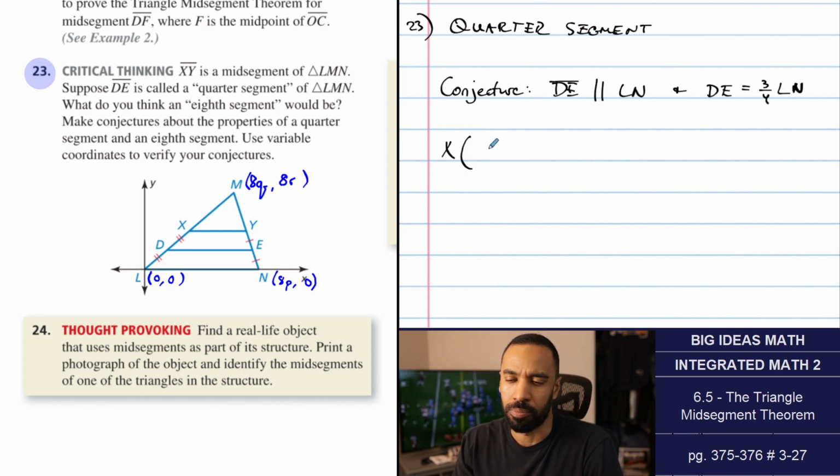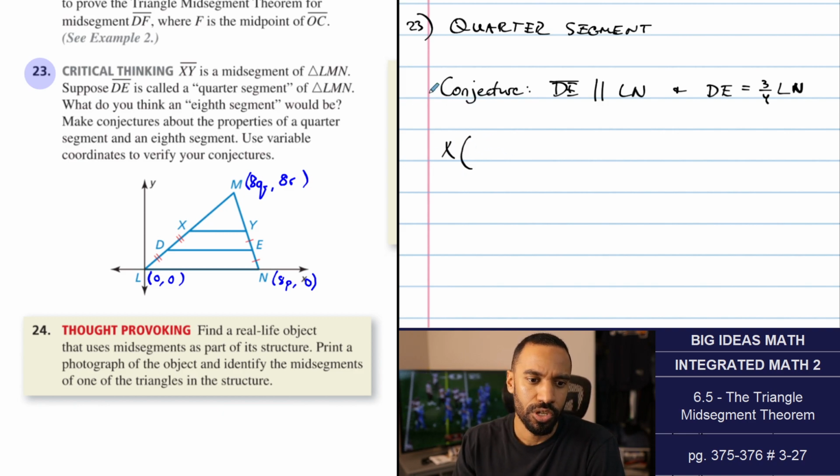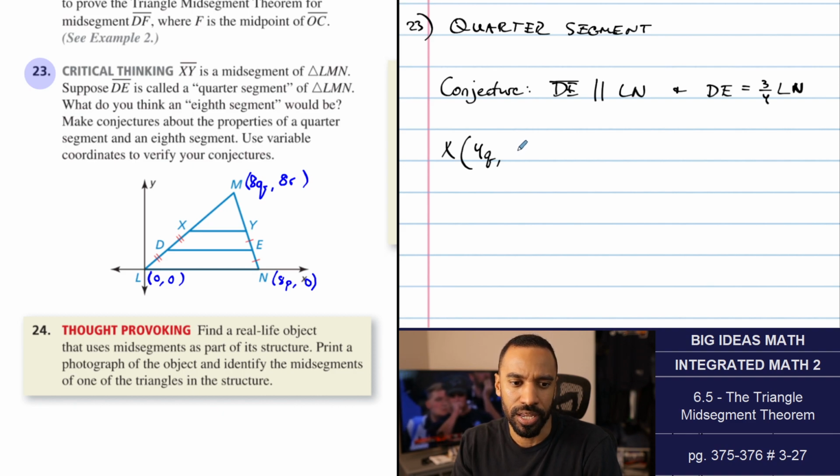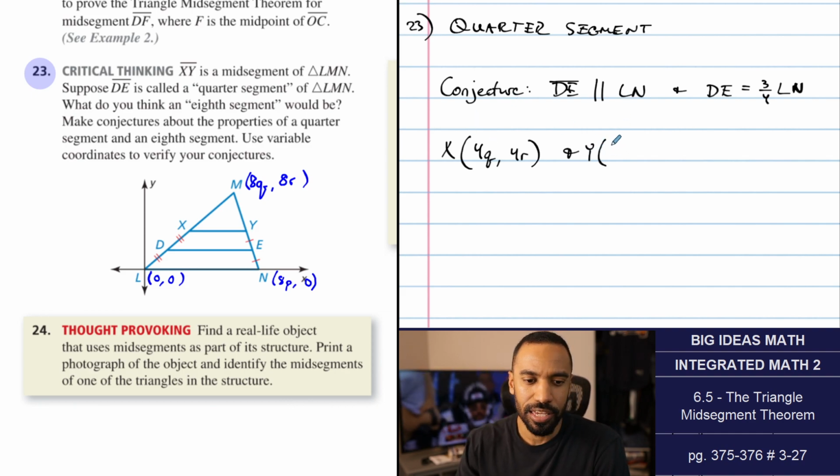X's midpoint will be averaging 0 and 8Q, which is 4Q. I should probably just write it on there. And averaging X's Y values from 0 to 8R, that's going to be 4R. Y's midpoint goes between 8Q and 8P.